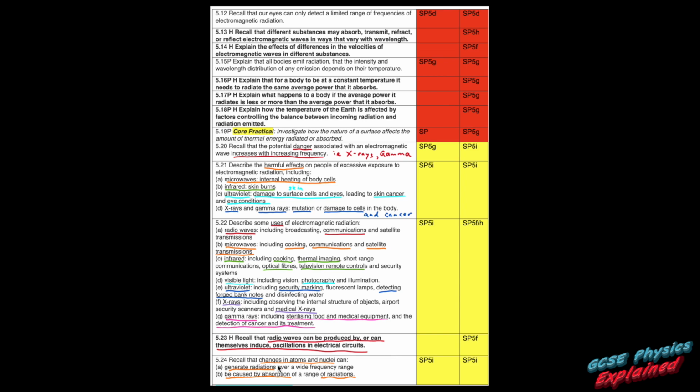And you've got to be able to recall that changes in atoms and nuclei can generate radiations over a wide frequency range and be caused by absorption of radiations. In other words, gamma rays or X-rays can change the atoms or the nuclei in the nucleus when they get absorbed.